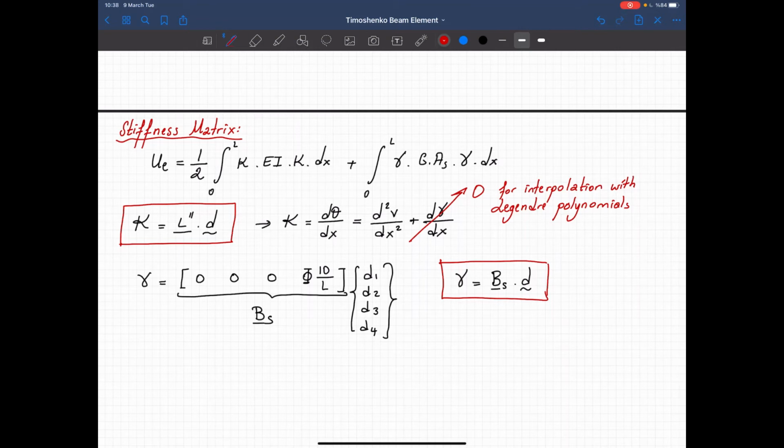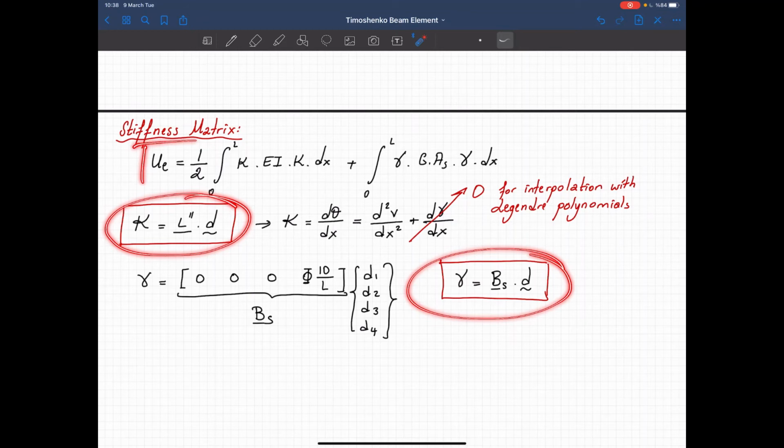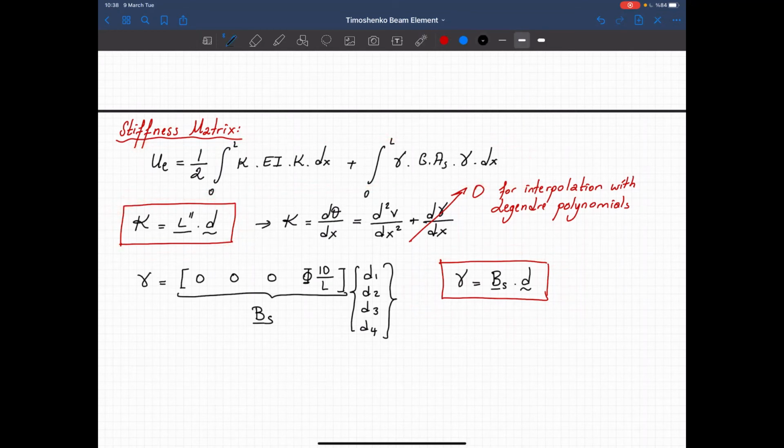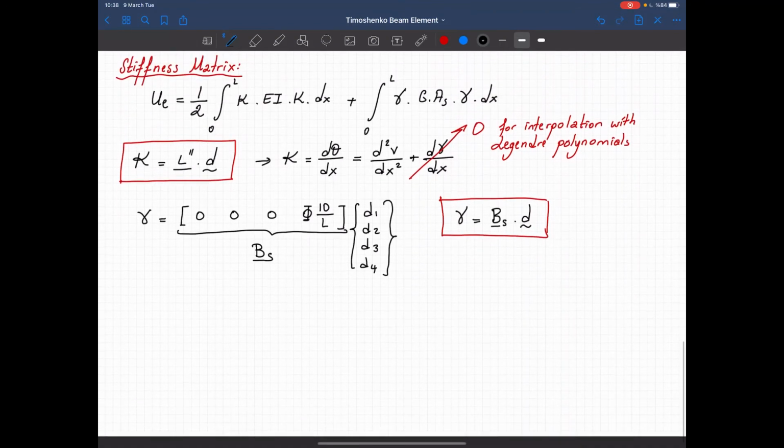Now inserting these two equations into the internal strain energy equation, this is what we will get.